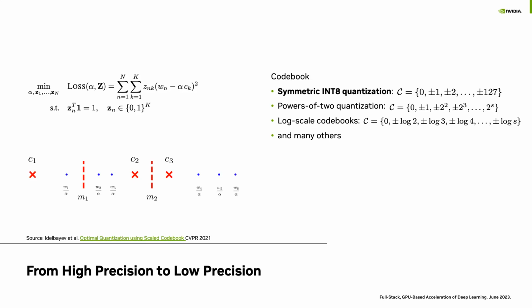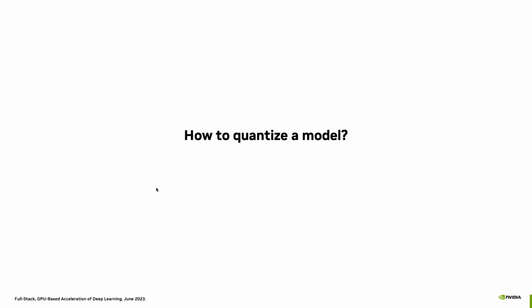And I think among all of the codebooks, the int8 quantization might be the most popular because we can easily get the speedup from the support of the GPUs, and we do not lose too much on the accuracy. So with the basic idea of quantization in mind, how can we really quantize our model?